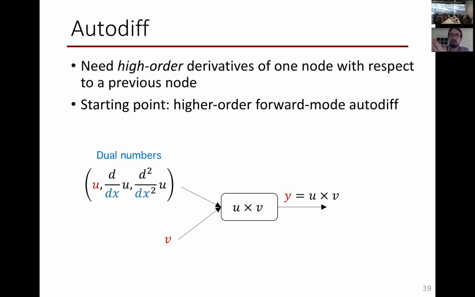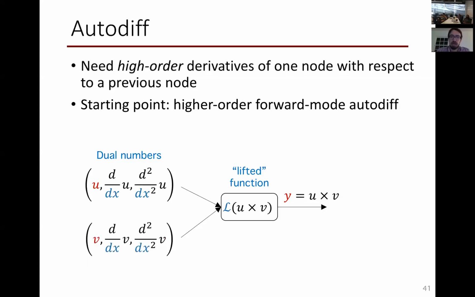So this is higher ordered Autodiff. There could be as many derivatives in these dual numbers as you want. And if we replace both of the inputs to this computation node with dual numbers, then now I can do what's called lifting. So this computation node is expecting two scalars, but I'm going to replace it with the lifted function.